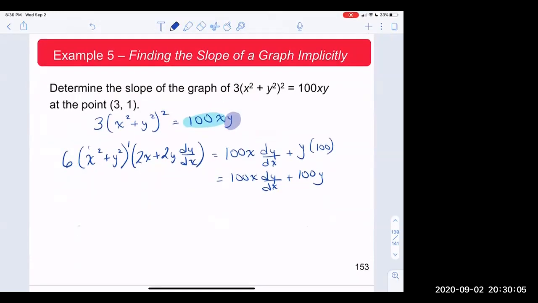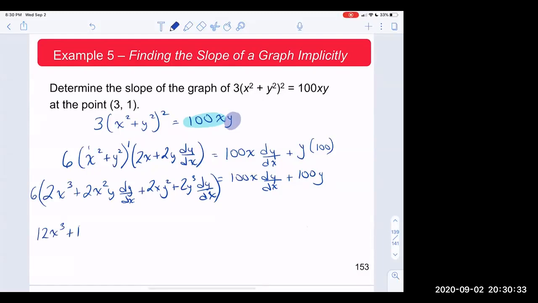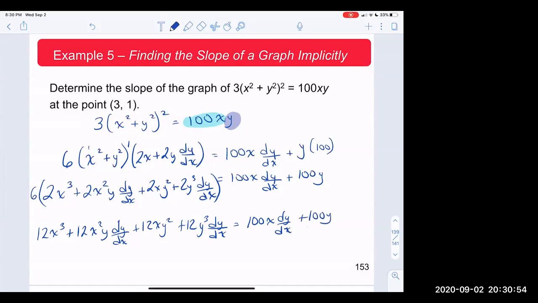So I'm going to have 6 times 2x cubed plus 2x squared y dy dx plus 2xy squared plus 2y cubed dy dx, right? So that gives me 12x cubed plus 12x squared y dy dx plus 12xy squared plus 12y cubed dy dx equals 100x dy dx plus 100y.